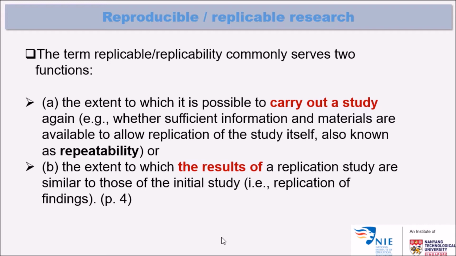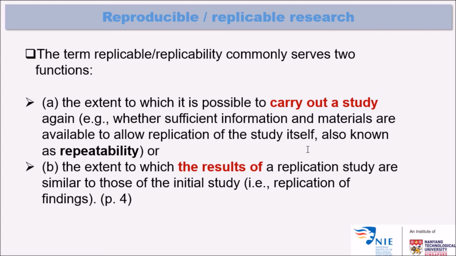Regarding the first one, replicability is said to refer to the extent to which it's possible to carry out the study again. In order to be able to carry out the study, there has to be sufficient information about the materials, the subjects, the hypotheses, the profile of the subjects, and a lot of other things about the initial study, so that the researchers who want to replicate that study will have no problems reparameterizing the parameters of the initial study.